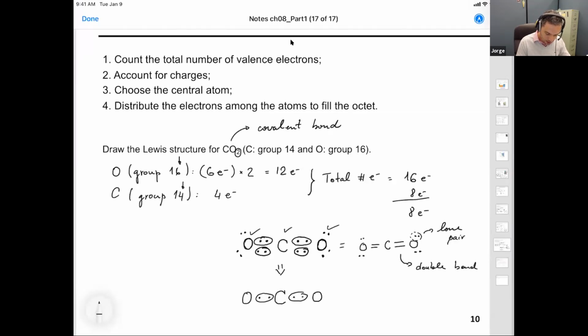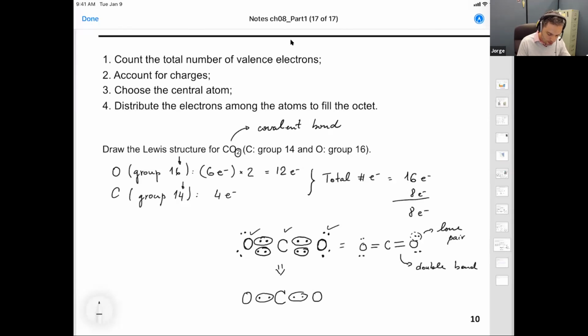So just to make the bonds, we spent 4 electrons. If we have a total of 16, that means we have 12 electrons left. So we are going to start filling the octet from the atoms on the outside.